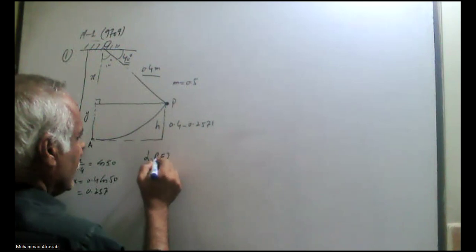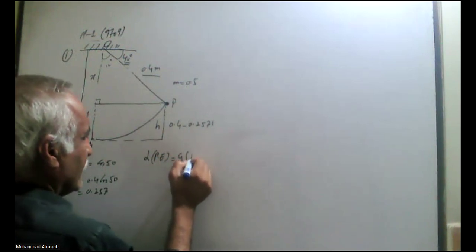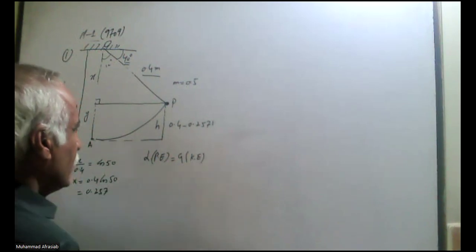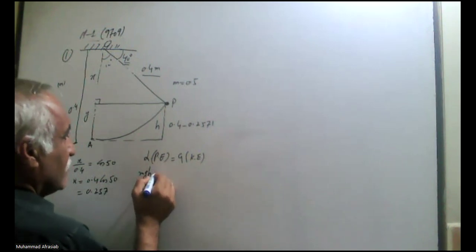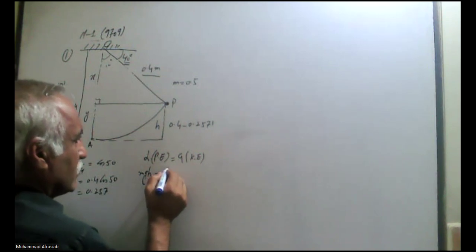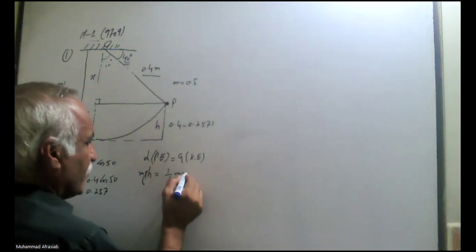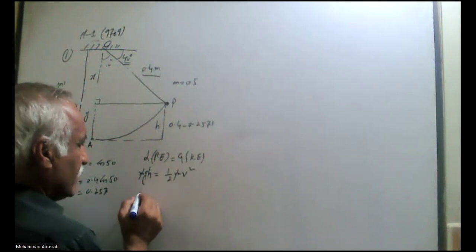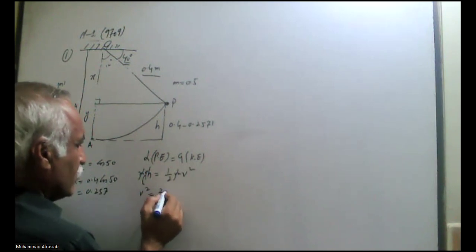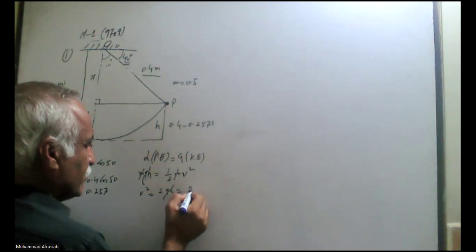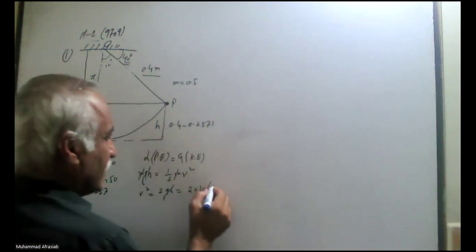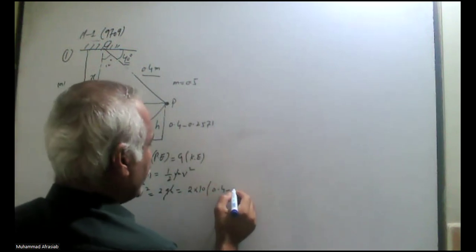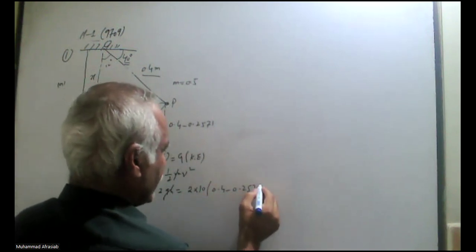So in this case, the loss in potential energy is equal to gain in kinetic energy. Loss means mgh, that is equal to gain in kinetic energy, that is half mv squared. M and m cancel. So v squared is equal to 2gh, 2 as it is, g as it is, into the height h, that is 0.4 minus 0.2571.